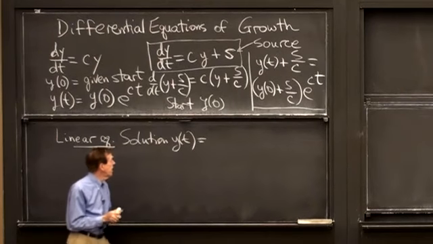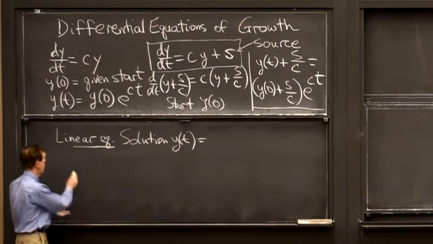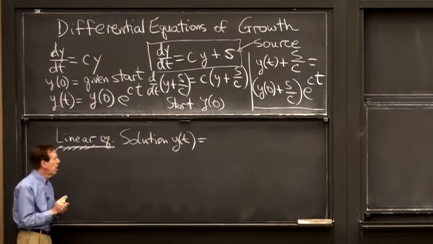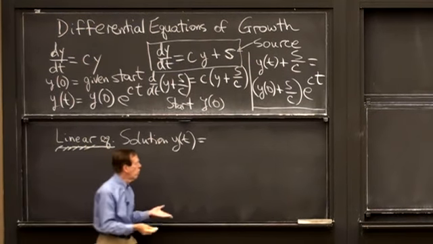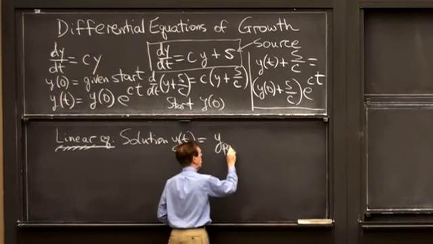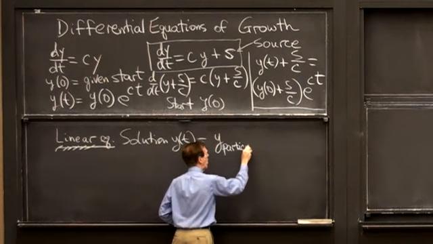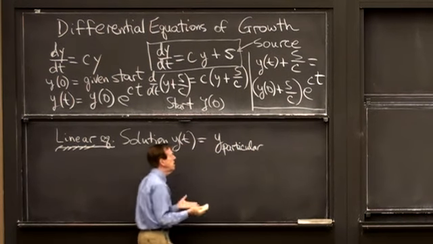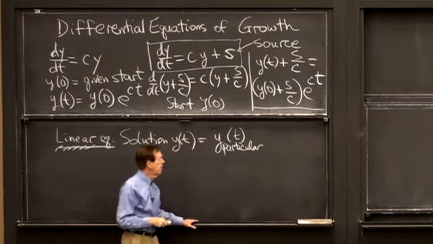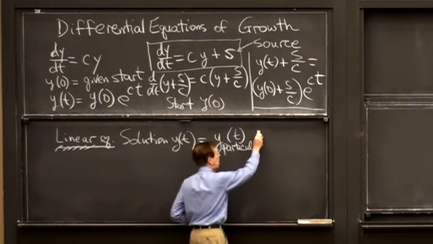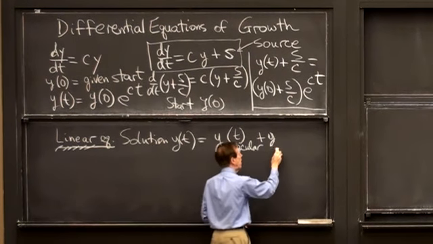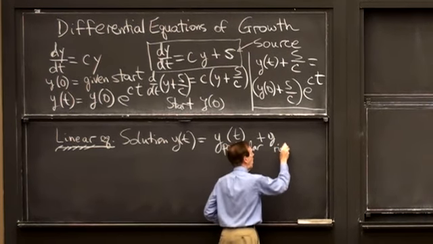The solution to linear equations, can I underline linear, always has the form of some particular solution, some function that does solve the equation, plus another solution with a right side 0.